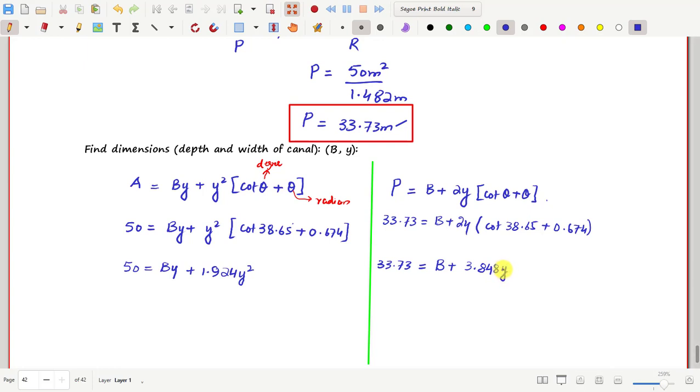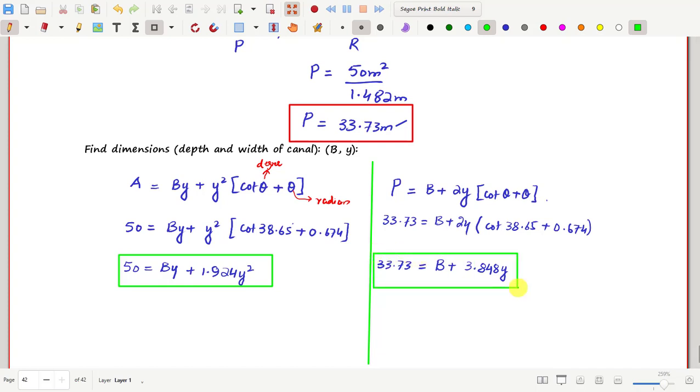Okay, we got two equations. We are doing all this because we need to find out the value of b and y, right? One equation is this, one equation is this, right?